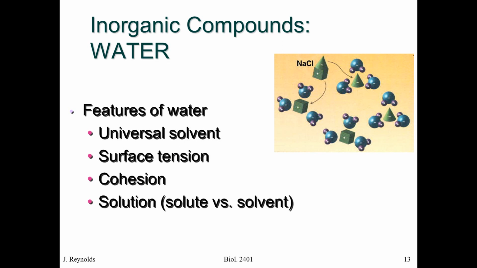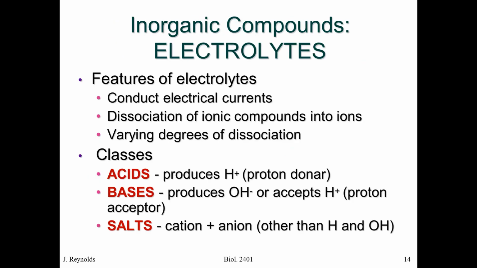So, for example, if you take a glass and you fill it with water, and you're careful, up at the top, you can actually keep adding water, so the water actually fills above the rim of the glass. It looks like kind of like a bubble of water if you looked at it exactly from the side. That's surface tension. If you stick your finger in it or a fork, the water will run over the edge. You've broken the cohesiveness of the water molecules. Again, you've broken up the hydrogen bonding.